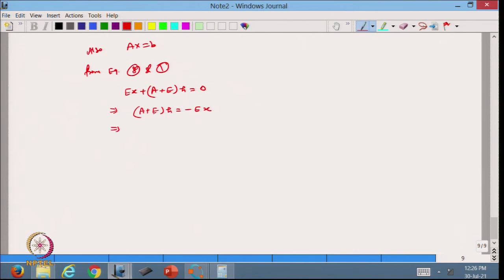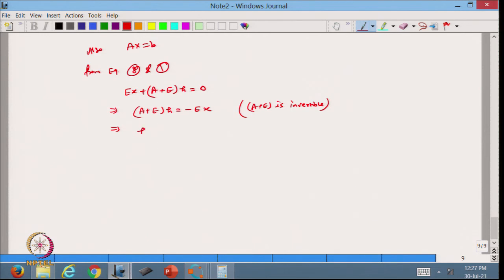Now, I am considering that A is invertible and A plus E is also invertible, because only then are we able to find the solution, so the solution exists.